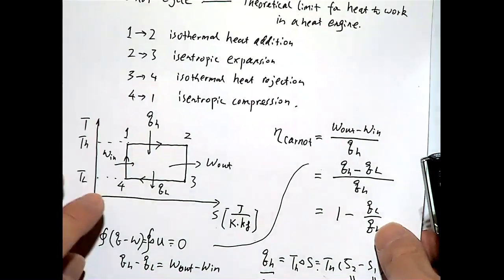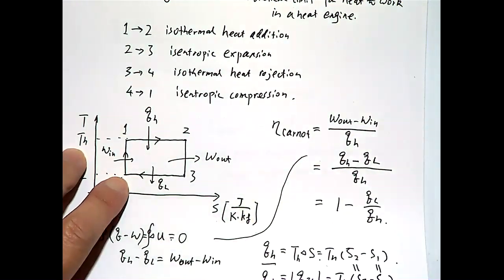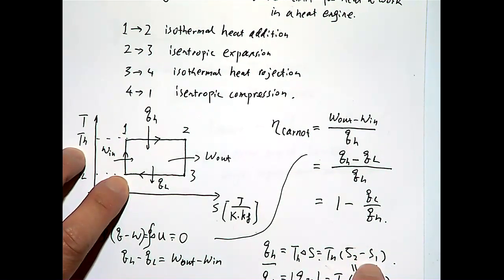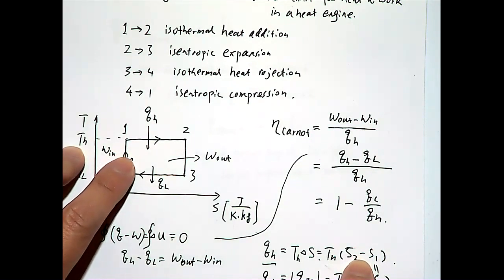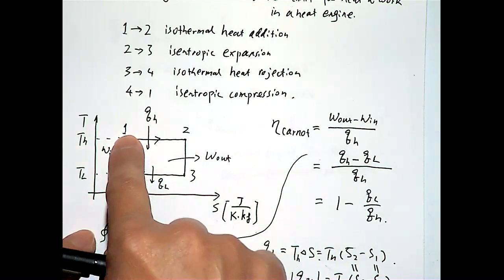As we said, the heat addition from the high temperature reservoir can be written as TH times delta S, right? This product corresponds to an area on the TS diagram. So this is TH times S2 minus S1.